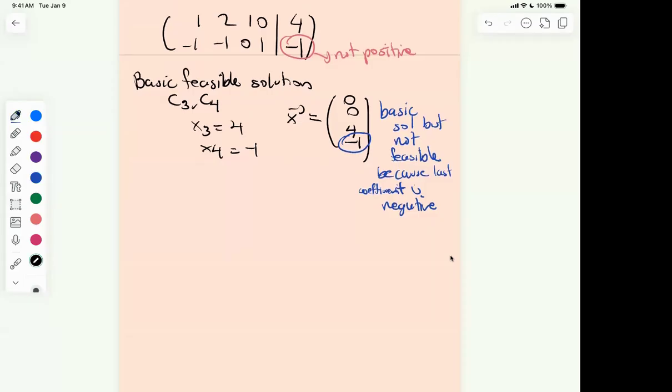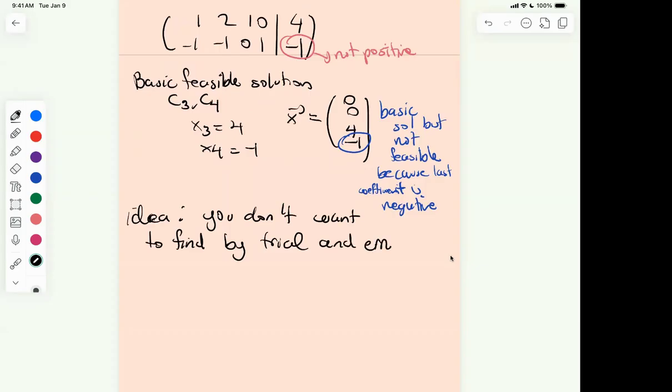The idea is that you don't want to find a basic feasible solution by trial and error.